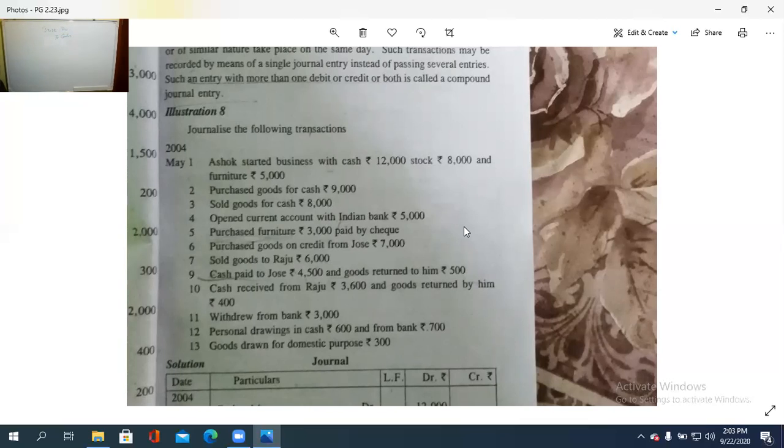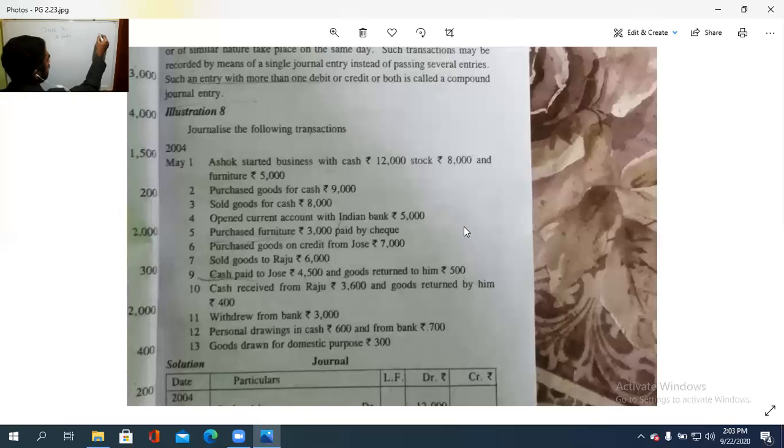Jos in transaction purchased goods. The purchased goods that are given back, it is purchase returns. So actually the entry is what? Jos debtor to cash for the first one, 4,500, and if the goods are returned to him, then Jos debtor to purchase returns. So one entry we can pass.